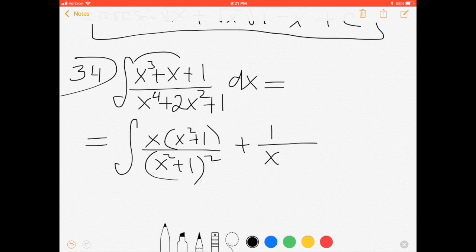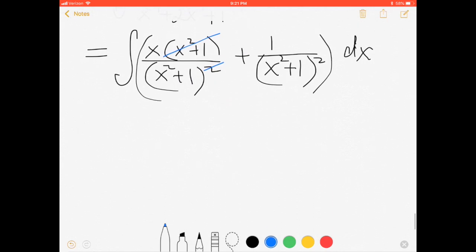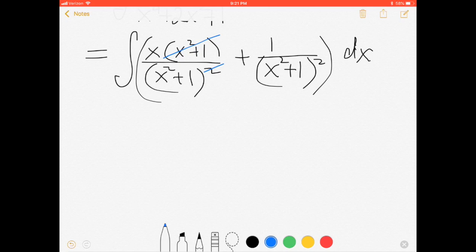And for the last one, I rewrite only (x squared plus 1) squared. Here is whole, and this one is cancelled. This means I have one fraction, one integral, or maybe I write this blue one separately: x over x squared plus 1 dx.